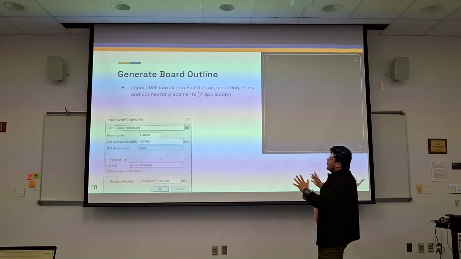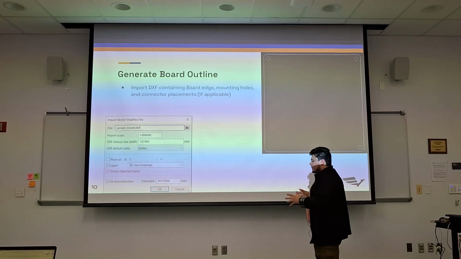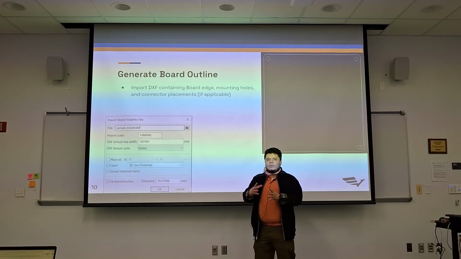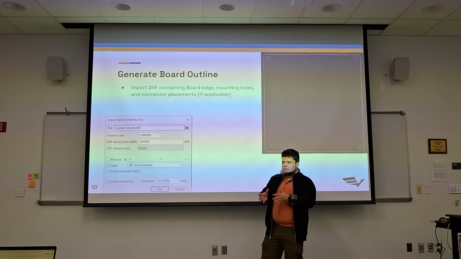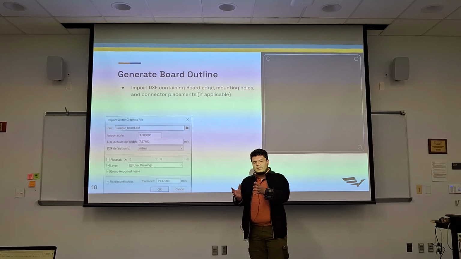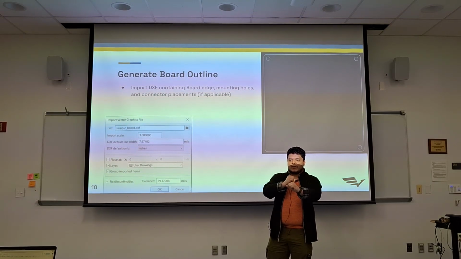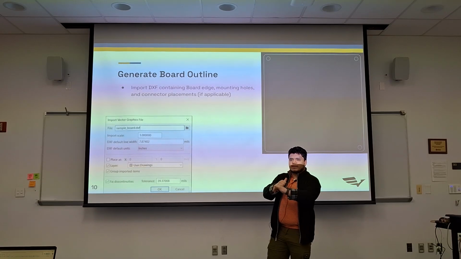This is the rudimentary way of doing a board outline. In industry, I'll give a few tidbits. We have this thing called an EMN and EMP file, which is basically a smart DXF. You can get it from Creo, which is like SolidWorks, and it communicates directly with your PCB design software.